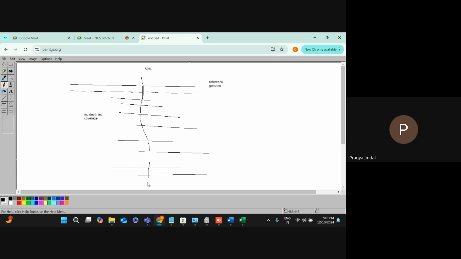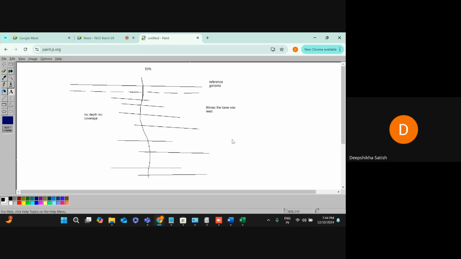So here you can see the base was read 9 times.